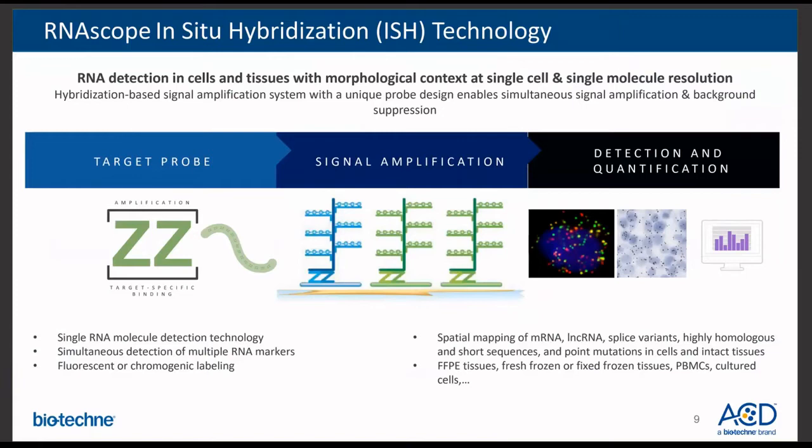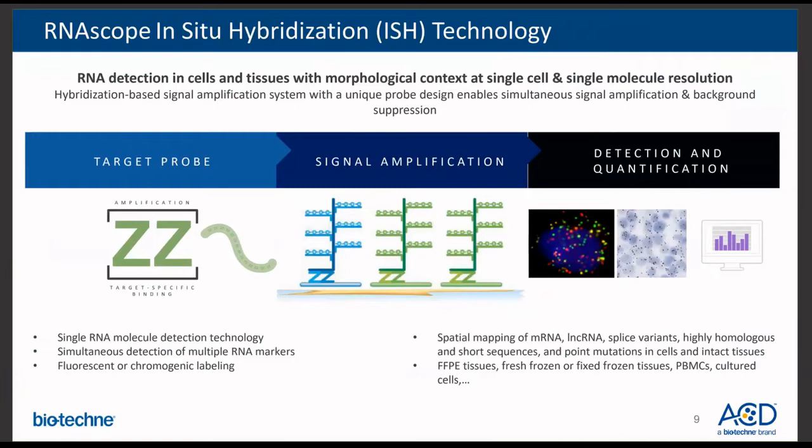This assay can also be performed on a variety of sample types. We work with multiple different tissues, including FFPE tissues, fresh frozen or fixed frozen tissues, PBMCs, and also cultured cells.